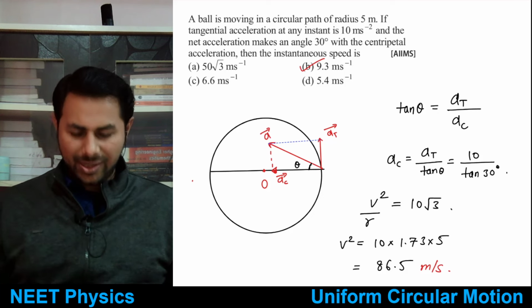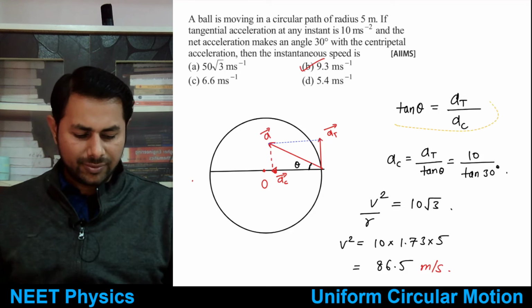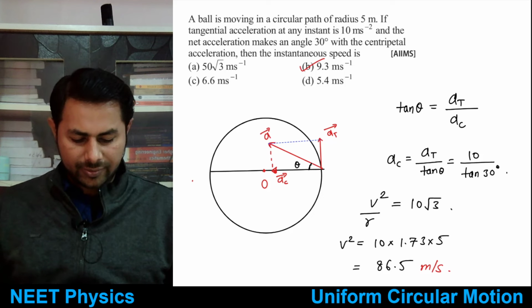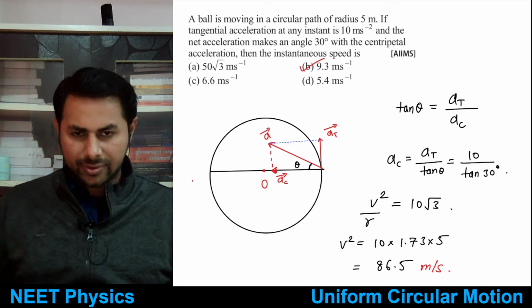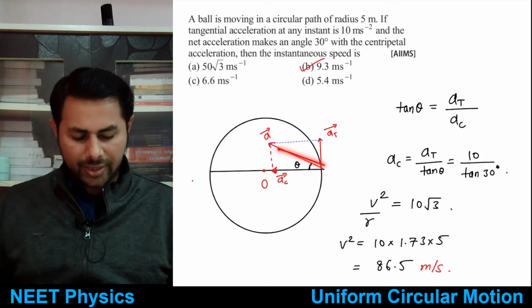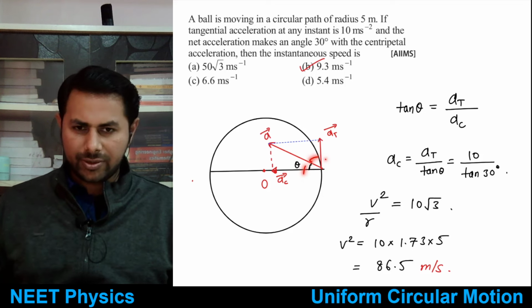So you solved this way, Yamini, or did something else? I took a sine theta equals tangential acceleration, and a cos theta equals centripetal, like that.